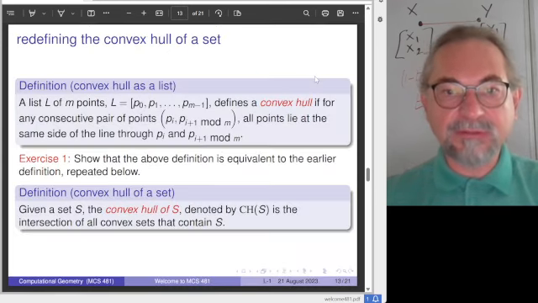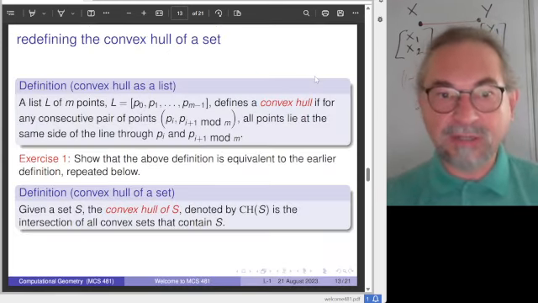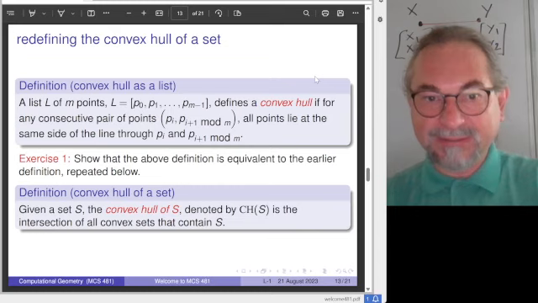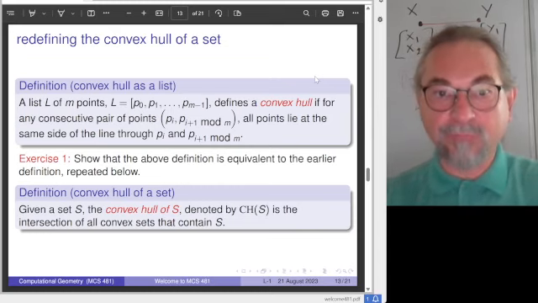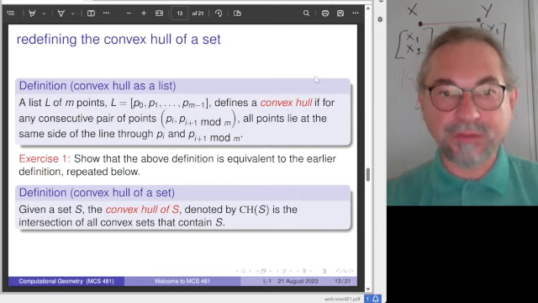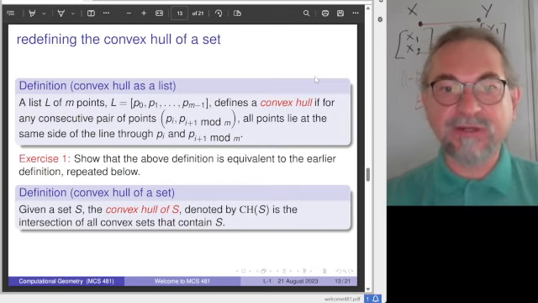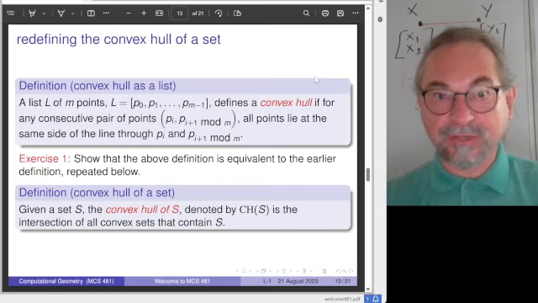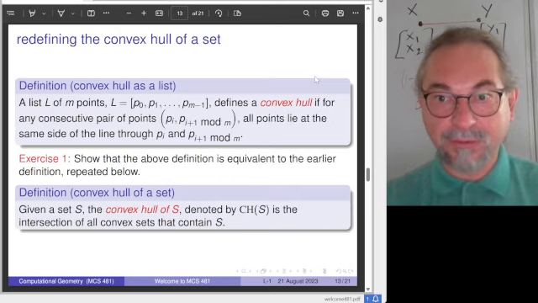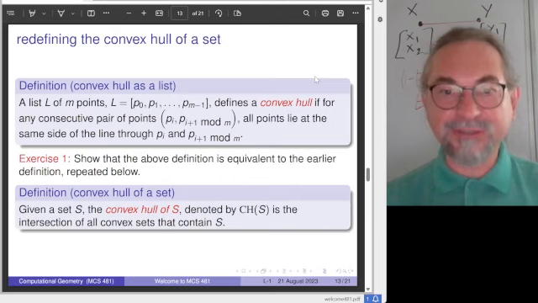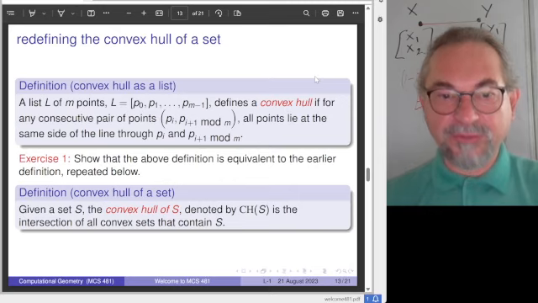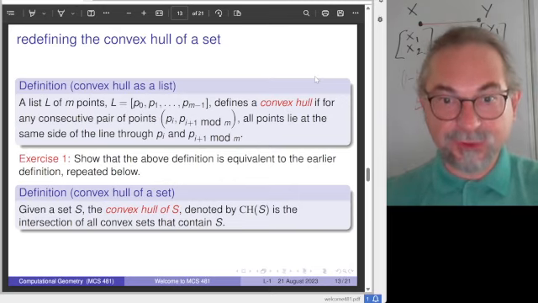So let's redefine the notion of convex hull now. So this is again now going back to the mathematical side. So what is the convex hull of a set of points? So here I'm using the sequence of points, a list of m points. We are defining the convex hull. So the convex hull is now an entirely discrete problem. The first definition was rather short.